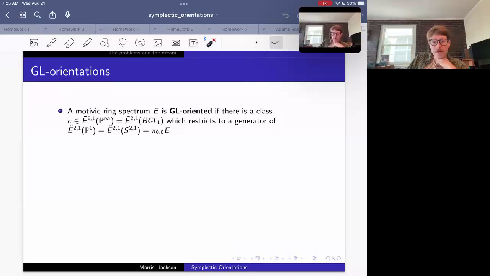So we say that a motivic ring spectrum is GL-oriented if there's a class in E^{2,1} of P infinity, which is E^{2,1} of BGL_1, just as CP infinity was BU(1), which restricts to a generator in just the analogous statement that I'd had before. I want to take some class in cohomology of the object classifying line bundles with a particular structure, and I want this to restrict down to a generator of the zeroth homotopy group.